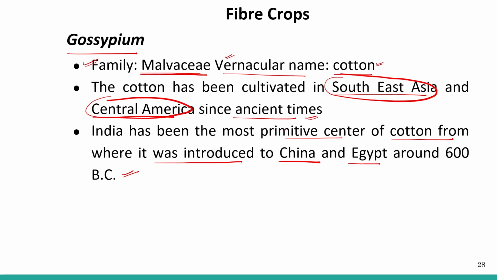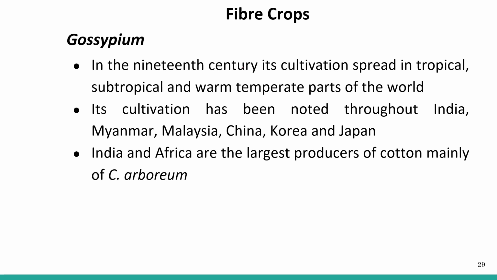In the 19th century, its cultivation spread to the tropical, subtropical and warm temperate parts of the world. Its cultivation has been noted in India, Myanmar, Malaysia, China, Korea and Japan.